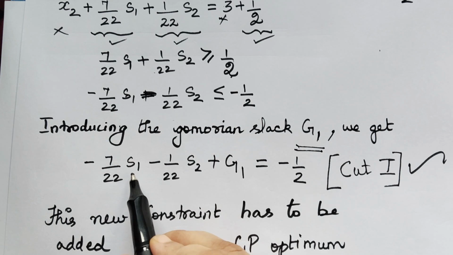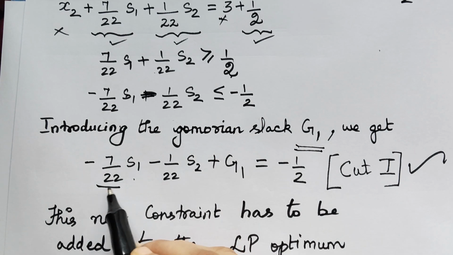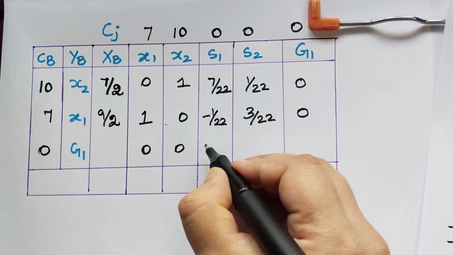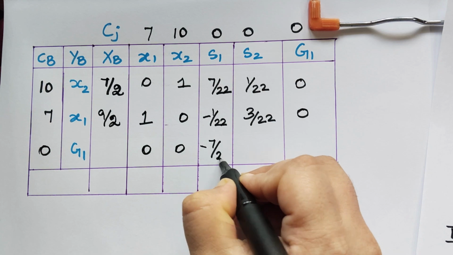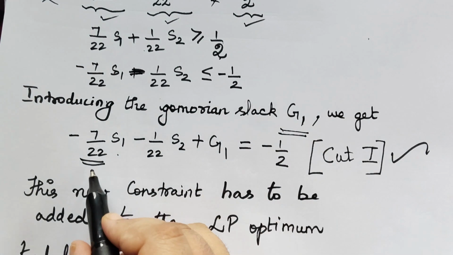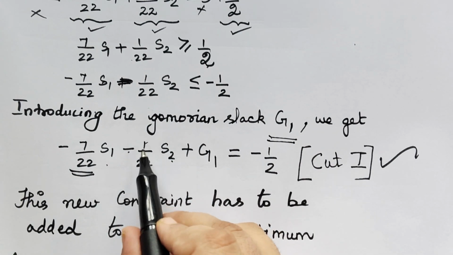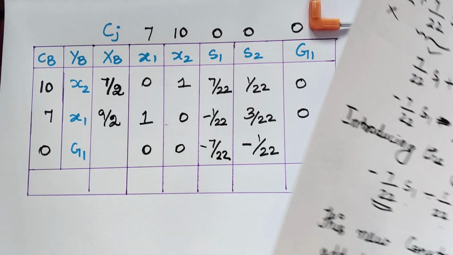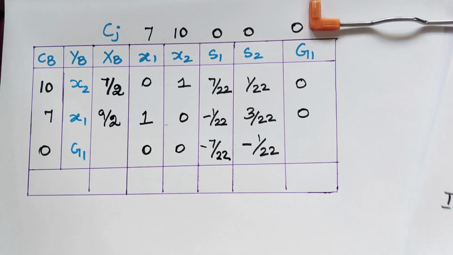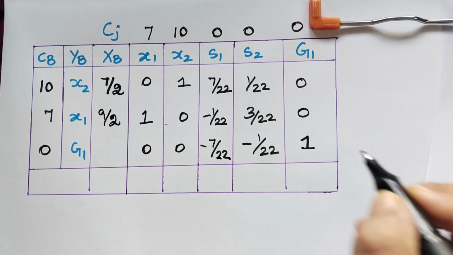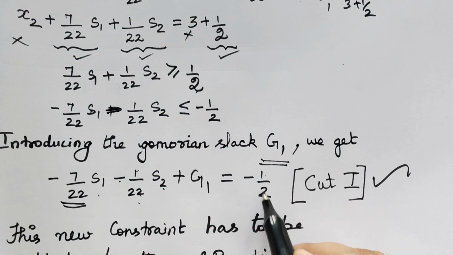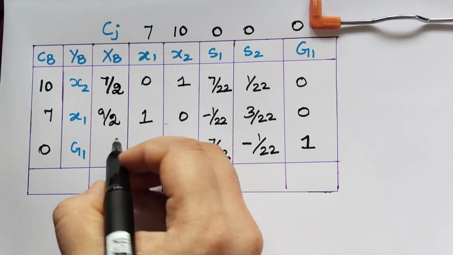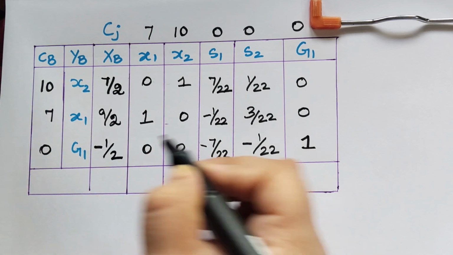But for s1 we have a coefficient, which is minus 7 by 22. So fill it with that. Then for s2, minus 1 by 22 is the coefficient. And for g1 the coefficient is 1, so here you write 1. The right hand side is minus 1 by 2, which has to be filled in the solution space.